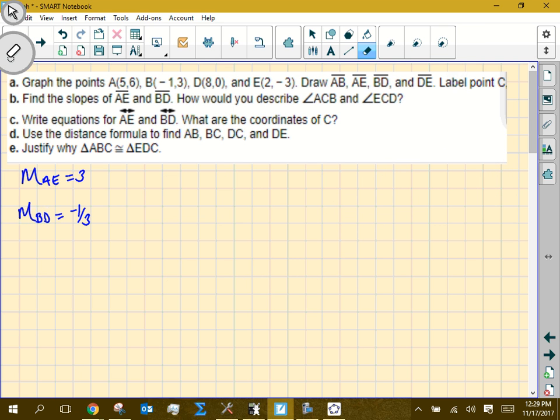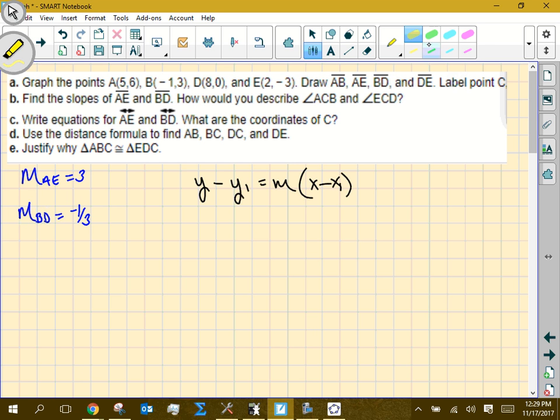If you watched that video or series of videos yesterday, I talked about finding the equation of a line. Every line that you ever come across is going to be of the form y minus y1 equals m, referring to the slope of that particular line, times x minus x1. Does that make sense?